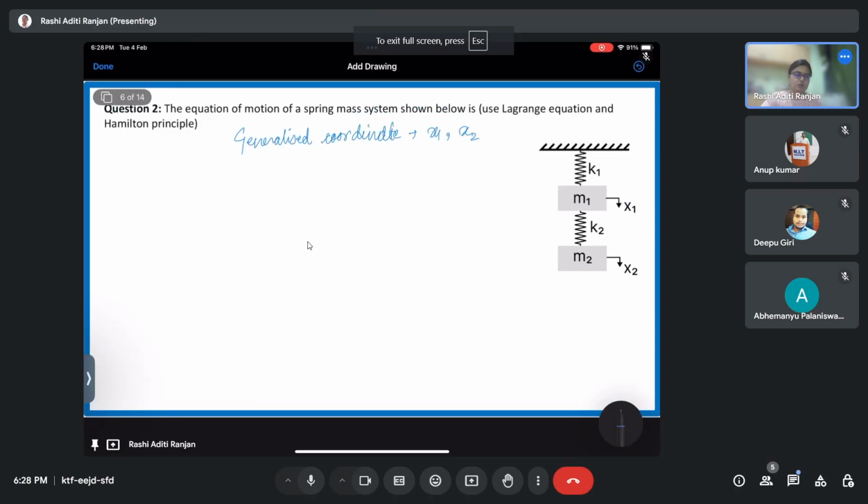Okay, so let us do one thing. Let us first evaluate the kinetic energy and potential energy and take out the Lagrange, and then we'll see what are these two rules by which we have to evaluate the equation of motion. So my kinetic energy is going to be simply half m1 x1 dot square plus half m2 x2 dot square, right?